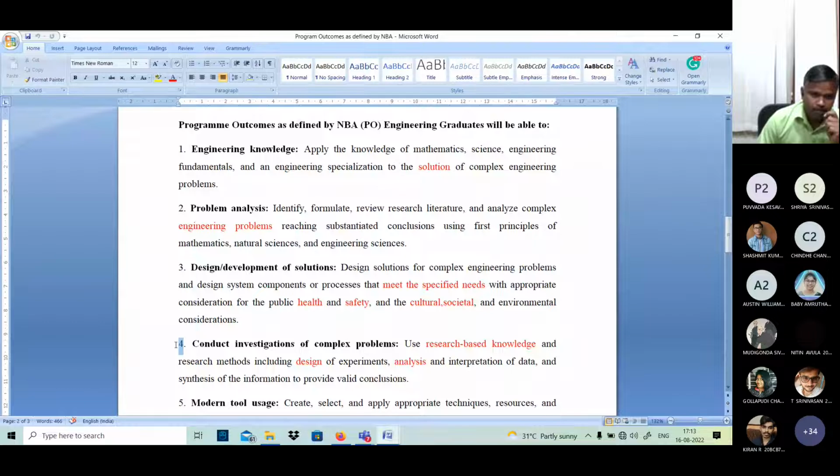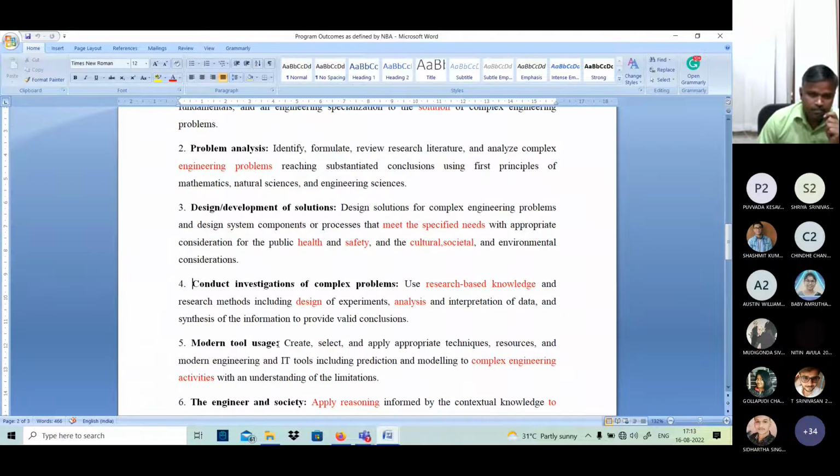And fourth program outcome, when a student is getting the graduation, he will have the knowledge to conduct investigations of complex problems. He can conduct the investigation.